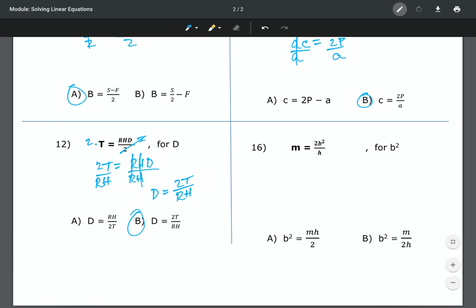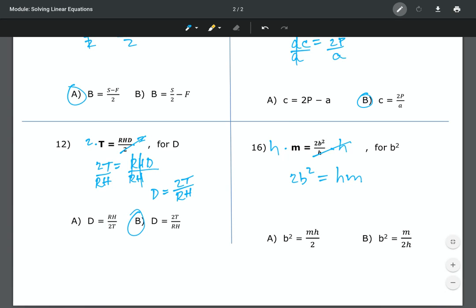And then number 16, we are going to solve for B squared. So first of all, let's get rid of that denominator, which is the H. Whatever you do to one side, we're going to do to the other. And since we're solving for B squared, which is on the right side right now, I'm going to go ahead and write that on the left. So 2B squared is equal to, and it really doesn't matter if you want to put HM or MH. I'm just going to put HM because H appears first in the alphabet.